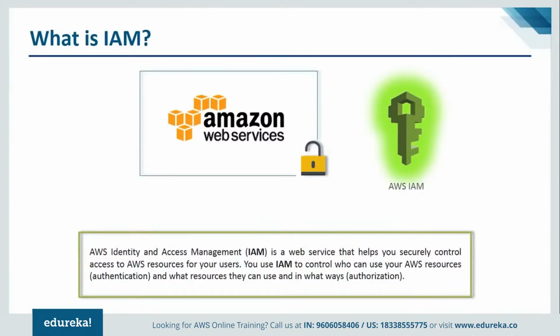So what is IAM? IAM is basically a service from AWS using which you can give permissions to different users who are using the same AWS account that you have created, right? So in any company, you don't have to have 2 or 3 AWS accounts. You can have one AWS account on which a number of people can work, right?